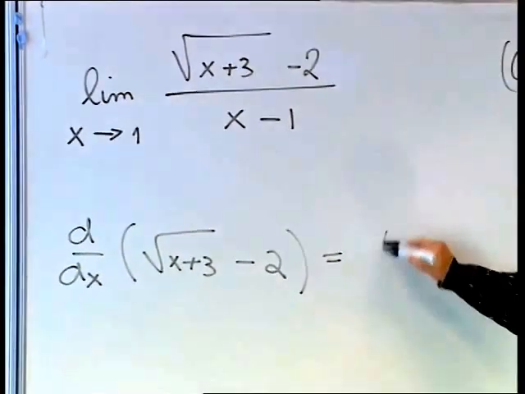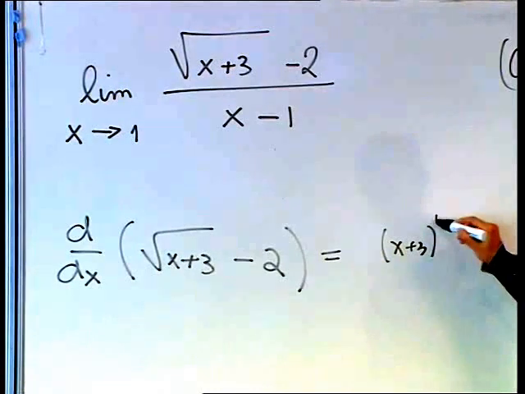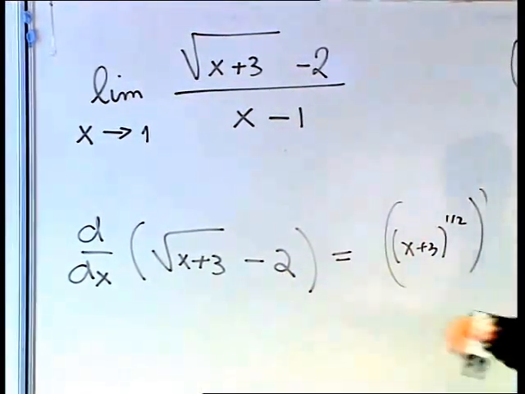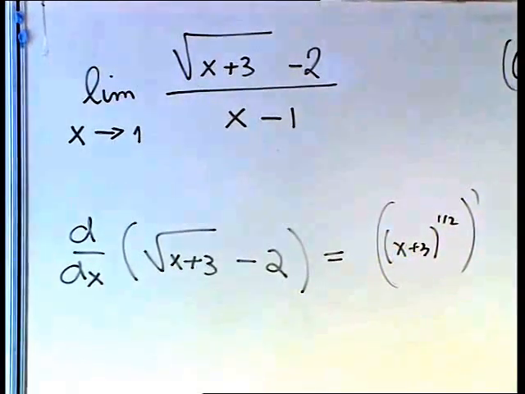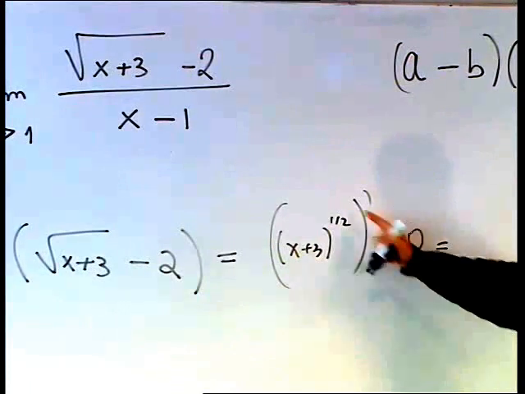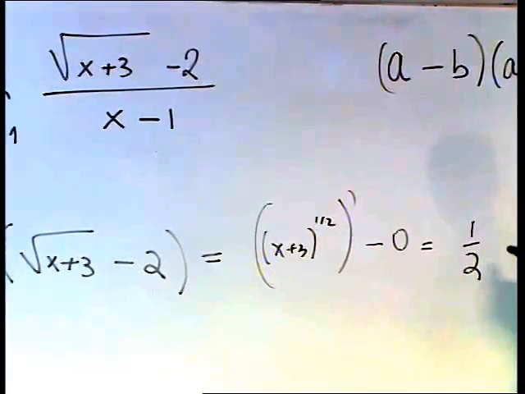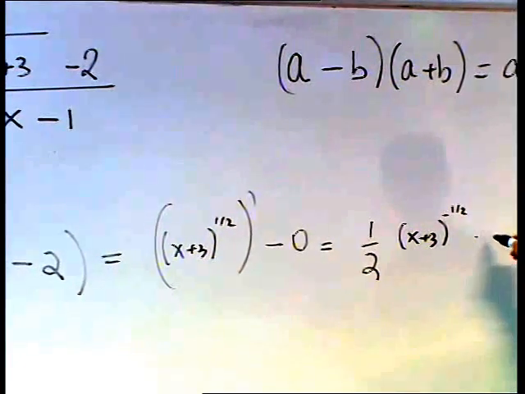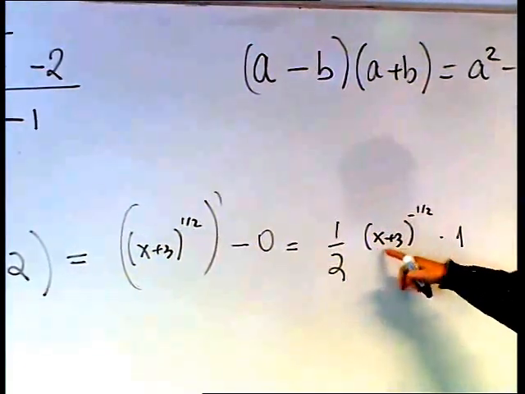It's the derivative of x plus 3 to the 1/2 minus the derivative of 2, that's 0, so you get 1/2 x plus 3 to the negative 1/2 times 1, which is the derivative of x plus 3.